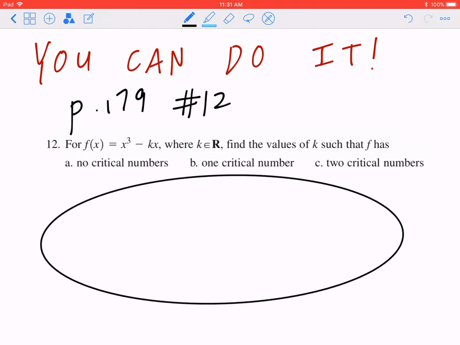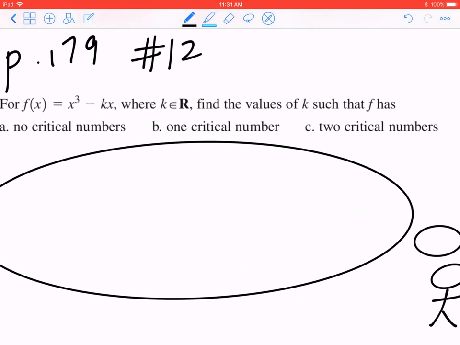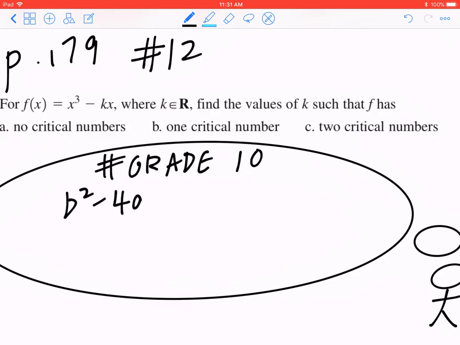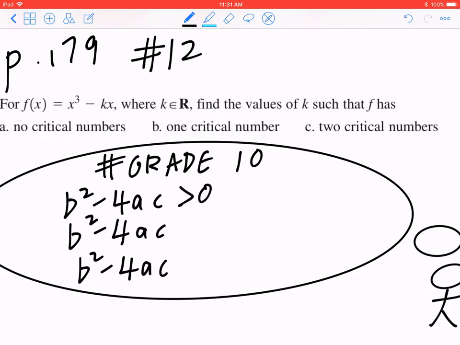Again, before I start, I do want to just reactivate some of these skills that you have learned from grade 10 academic math. So from grade 10, I'm really hoping you remember, if you use the discriminant, which is b squared minus 4ac, there are 3 cases. In the first case, if this is positive, this implies there are 2 real roots.